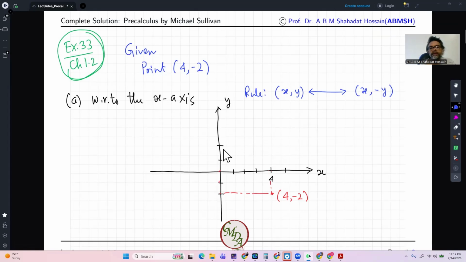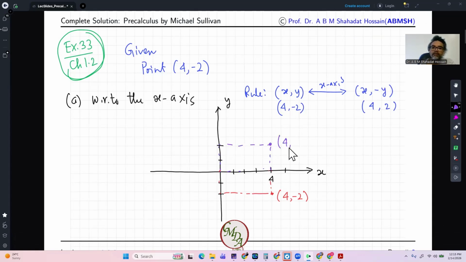So along the x-axis 4 units and along the y-axis 2 units: first 2 units up and then 4 units to the right.